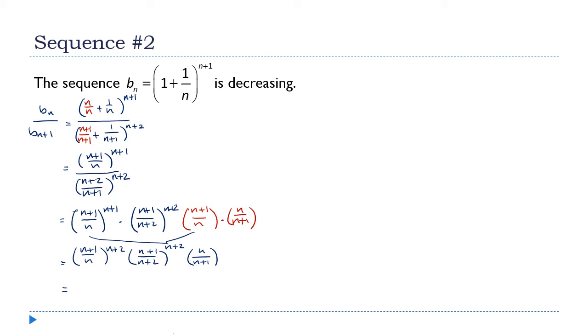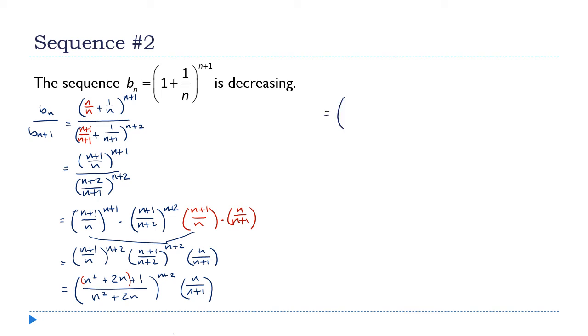Now let's combine these. I'm going to go ahead and multiply it out, just like I did before. This becomes (n squared plus 2n plus 1 over n squared plus 2n) to the n plus 2 times n over n plus 1. Now I'm going to split them, like I did before. You notice I've got this n squared plus 2n on the top here, so I'm going to split this that way.